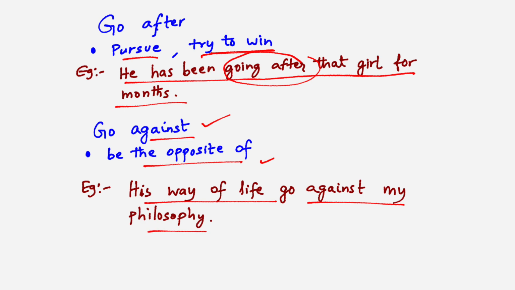So you can use in the sentence like his way of life, or his way of dressing up, how someone dresses up, it goes against my style or my philosophy. So this is one example where we have used go against, and you can find more sentences on internet and then you can use it.